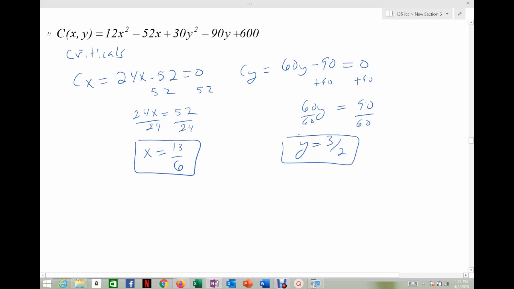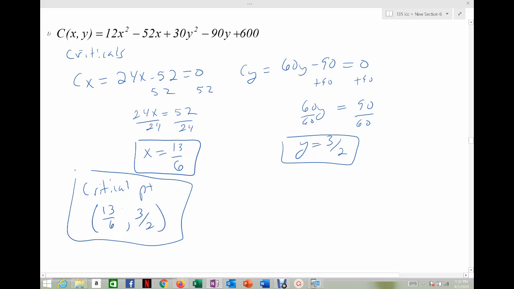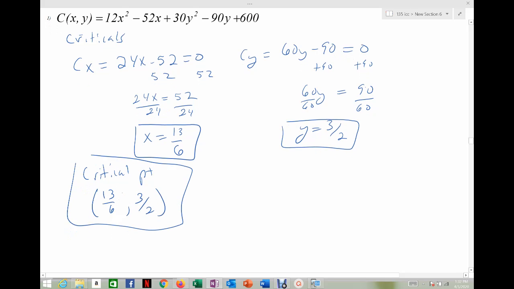It's exactly at y equals 3/2. So my critical value is at the point, not 16 thirds, I flipped my 6 and my 3, 13 sixths and 3/2.